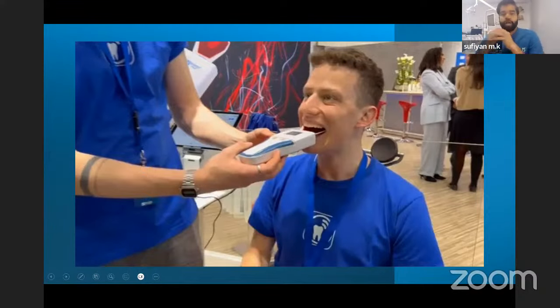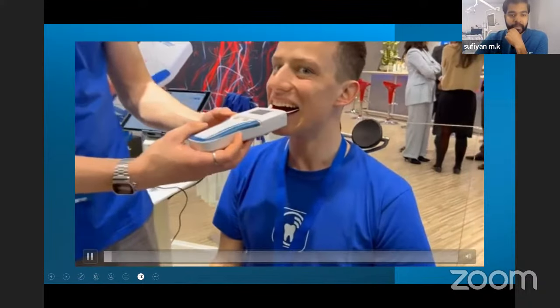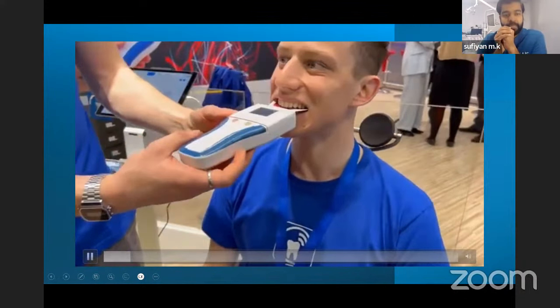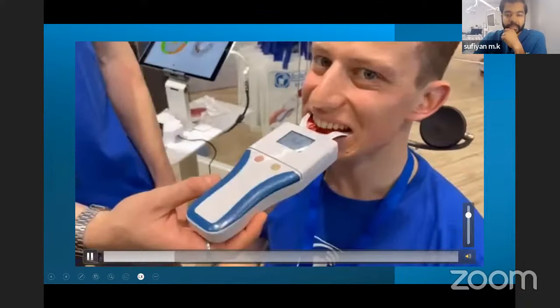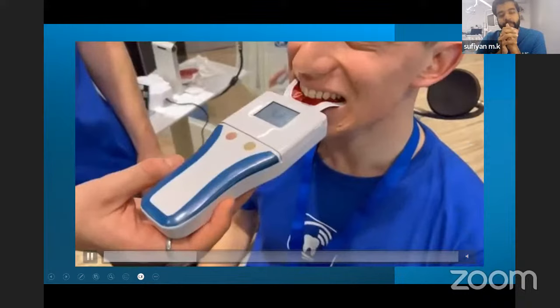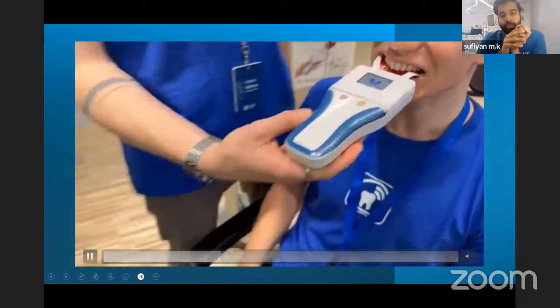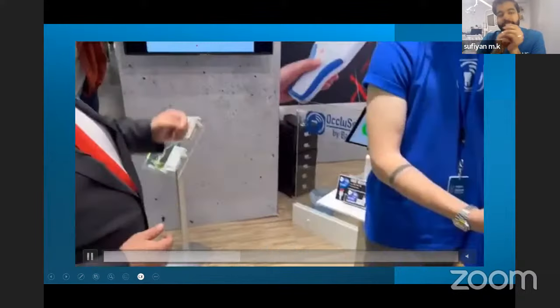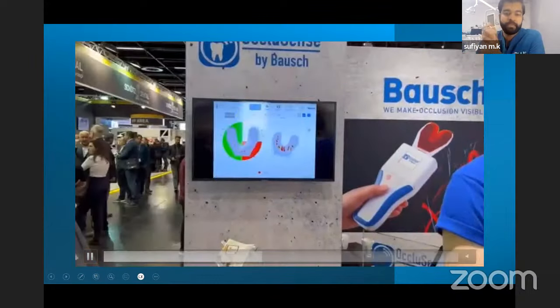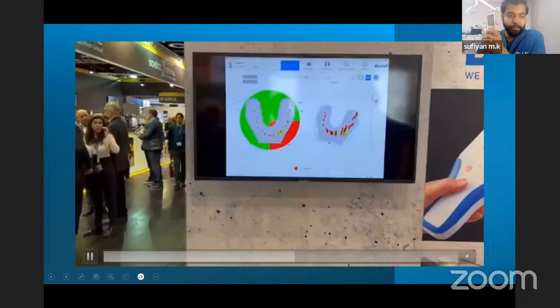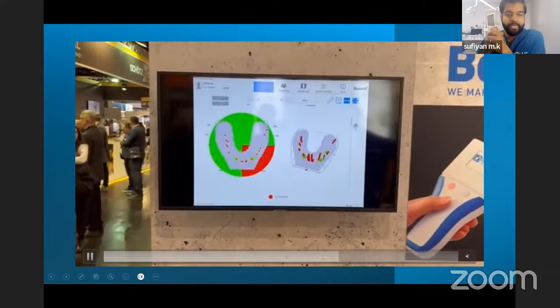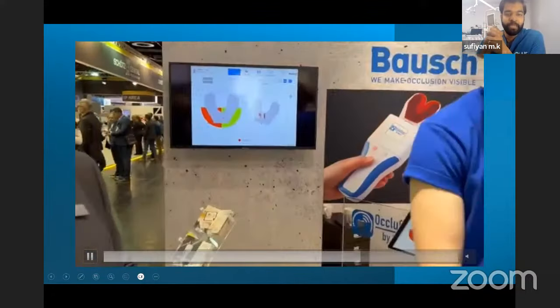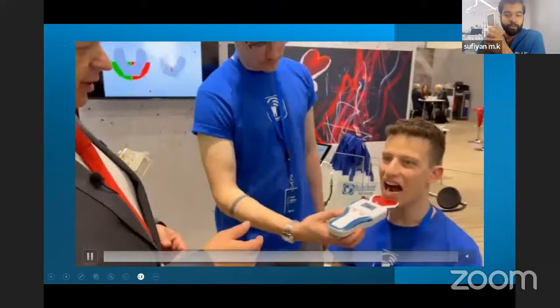Okay, so after doing this again, if you want to check the occlusion digitally, this is the device. This is OccluSense from Bausch company. T-Scan is another company which has this digital occlusion. This will give you very precise occlusal markings on each cusp, each incline, each fossa, each ridge of the tooth.